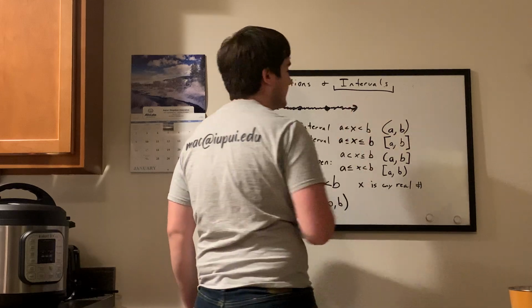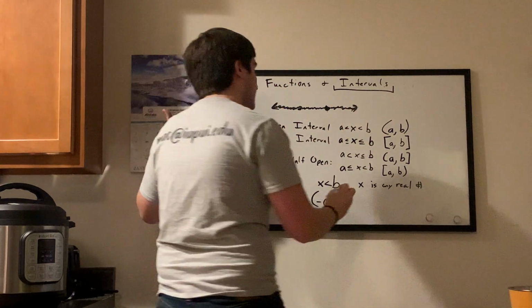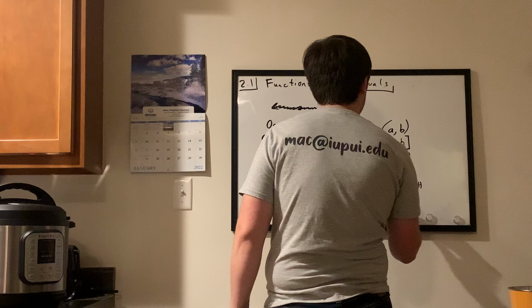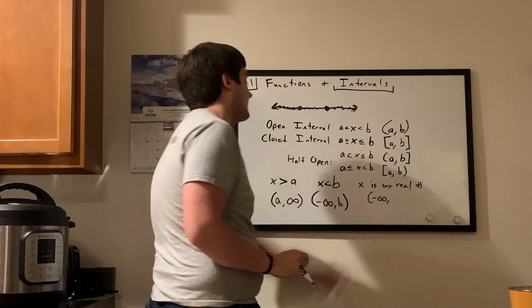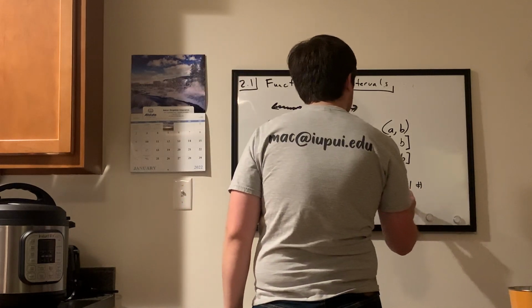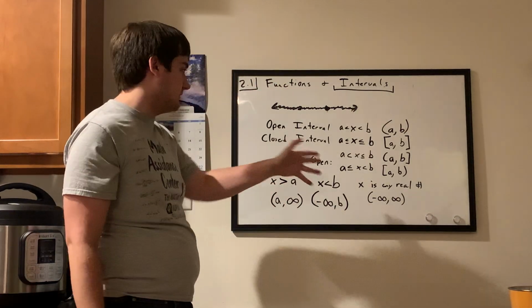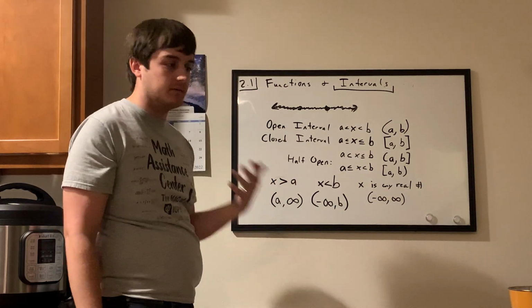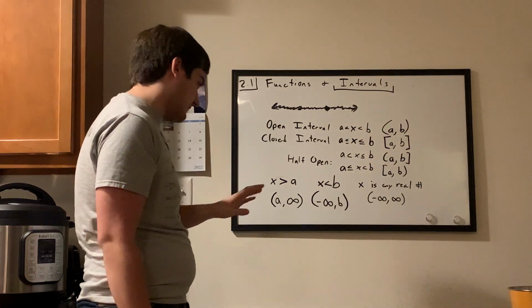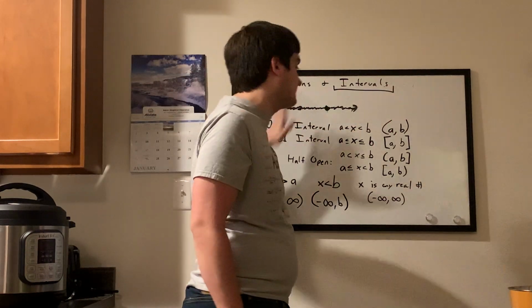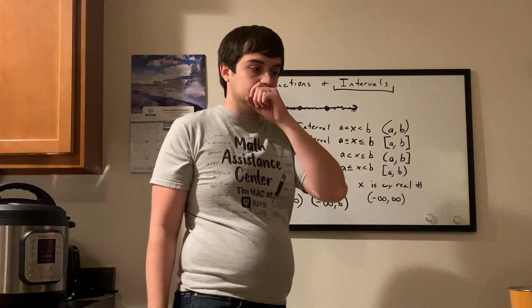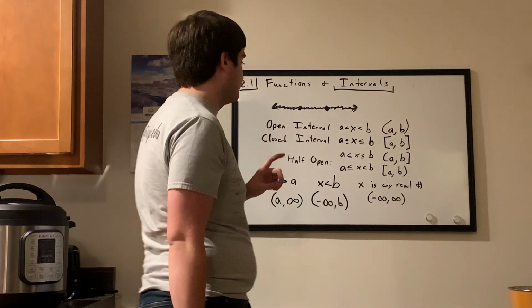I want to include everything, so I'm going to include everything to the left, which is minus infinity, and everything to the right, which is positive infinity. Okay? So these are definitely going to come in handy when we're describing our intervals and so on. But these are all the different forms that we can have.